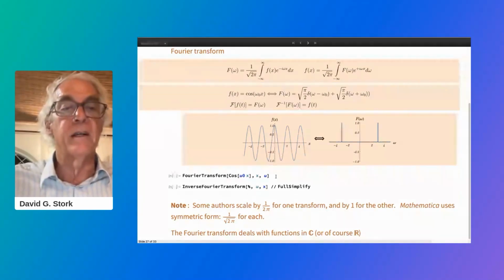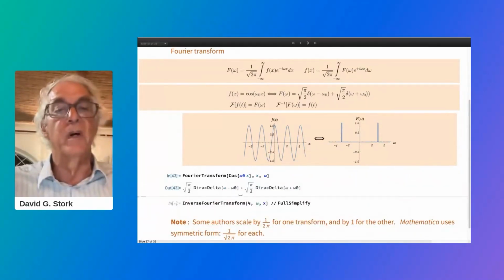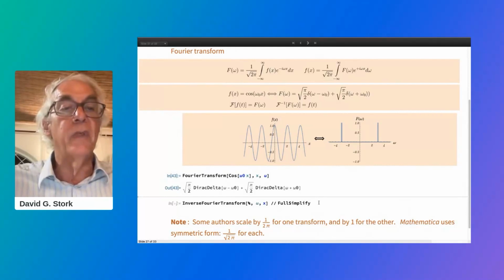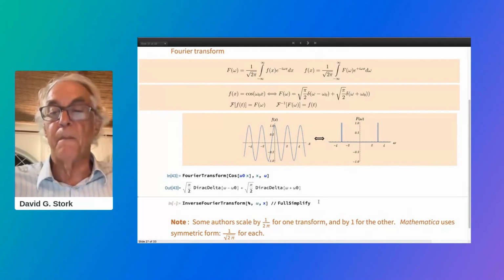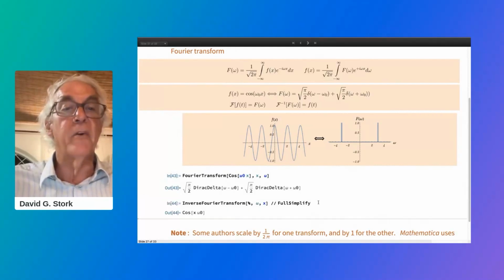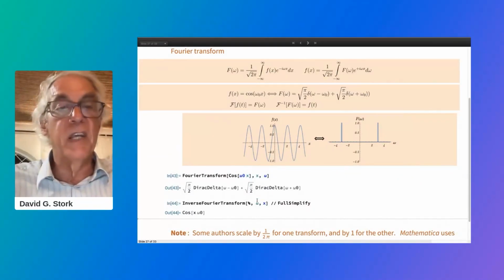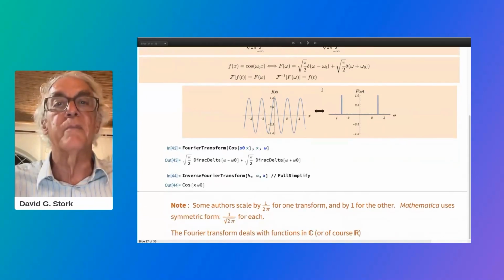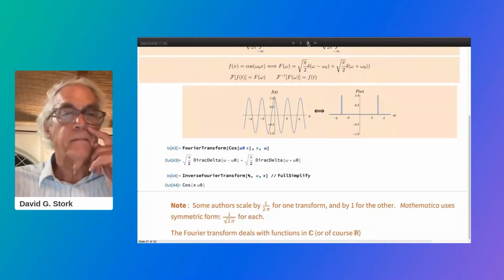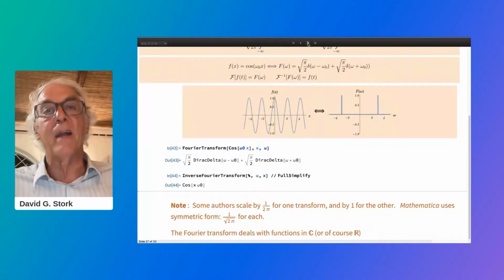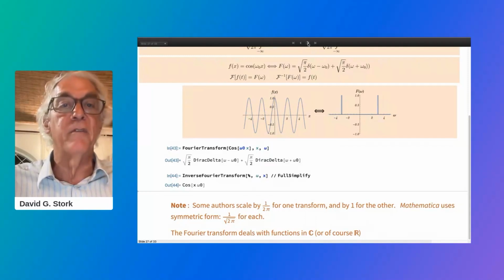Well, that's a sum of 2 Dirac deltas, and now we do the inverse Fourier transform of that, and we better come back to cosine omega naught x, and in fact we do. So I do this with derivatives and integrals and a whole host of problems where there's a forward and a backward, a function and an inverse function.